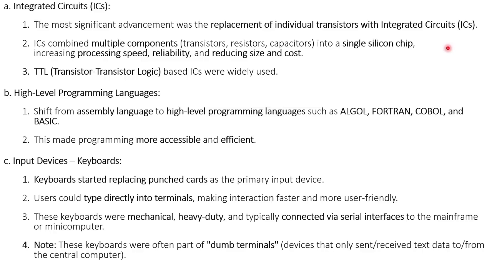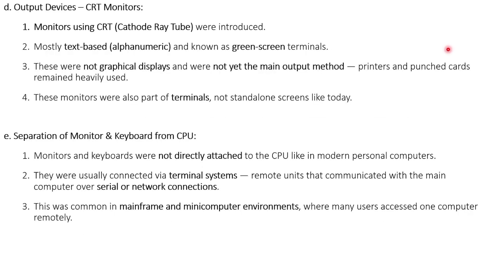Moving forward, we have another advancement, and that is CRT monitors, also known as cathode ray tube monitors. We start using these monitors in third generation computers, but we do not rely on them heavily. We introduce this monitor in the third generation, but we still rely heavily on printers and punch cards.